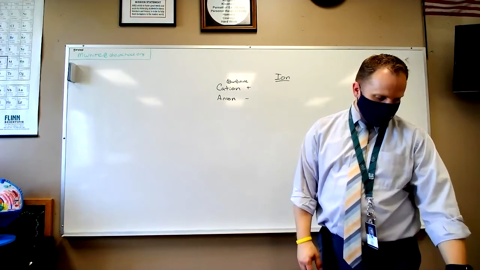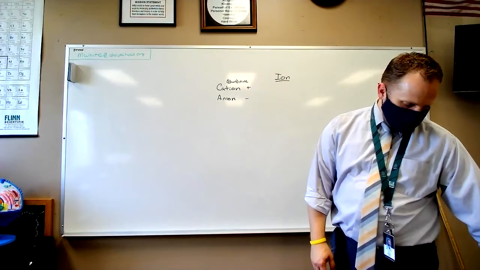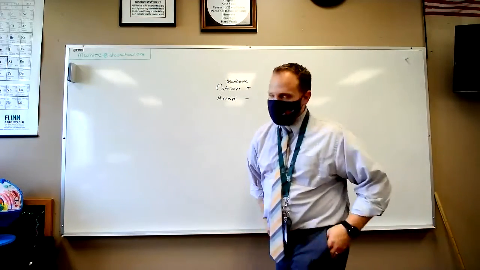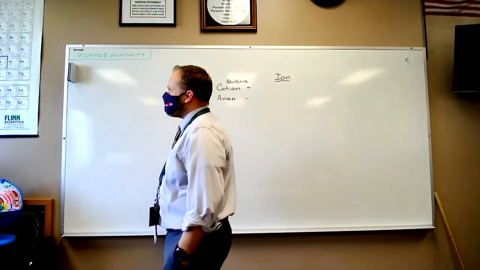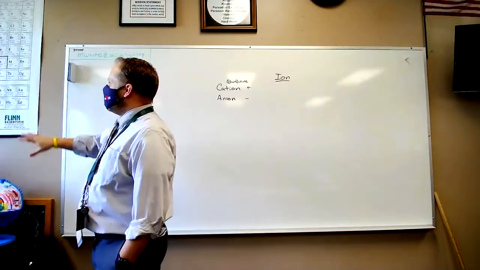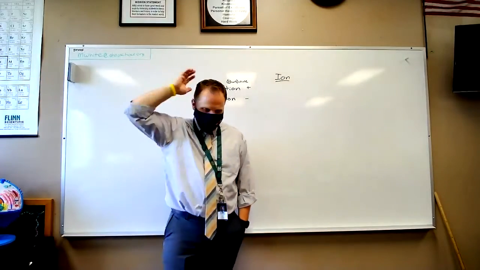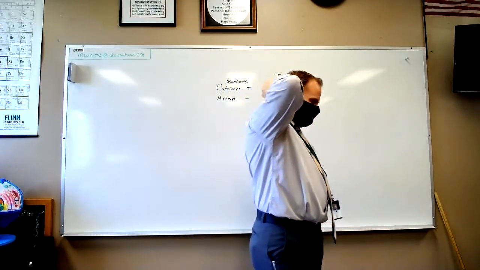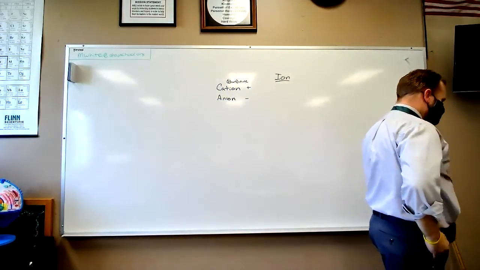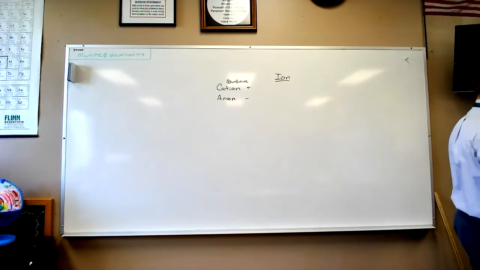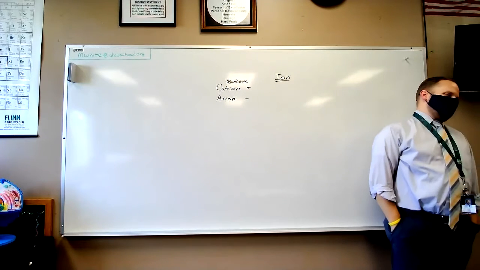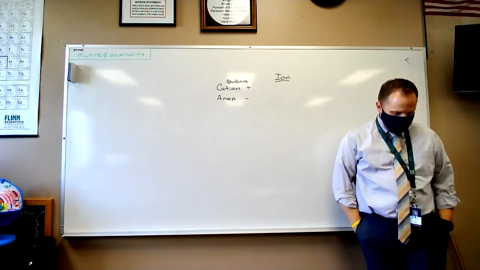Because we have some of these groups, these transition metals that may or may not lose a certain number of electrons, they will not always follow the octet rule. Okay?